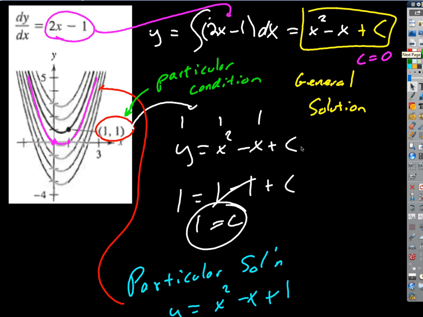Okay, so that's a general solution, but if we're given some additional information, if we look at what the graph of a general solution would look like, remember, it's an infinite family of curves. So for every value of c that we choose, that's going to correspond to a trajectory of that family of curves, right?